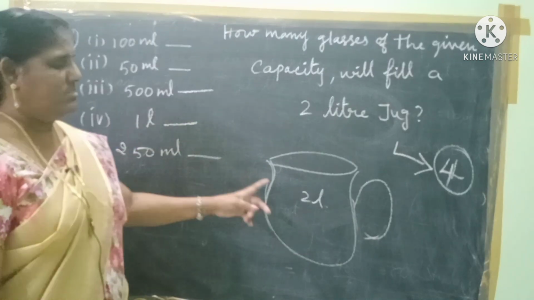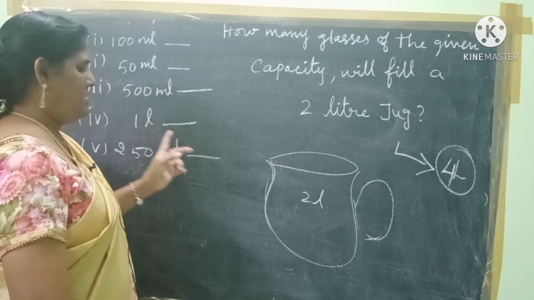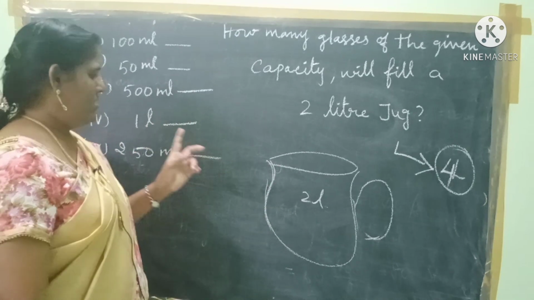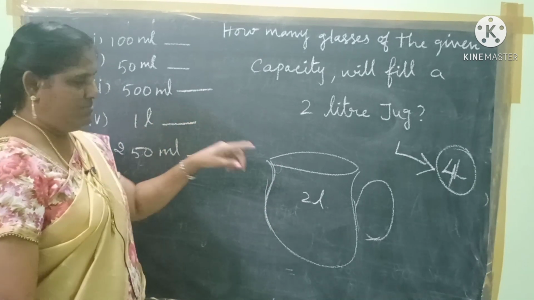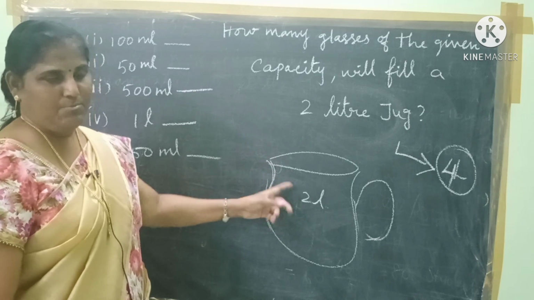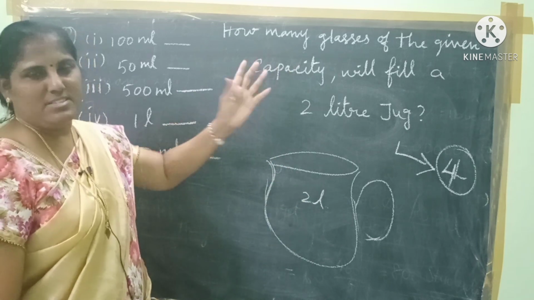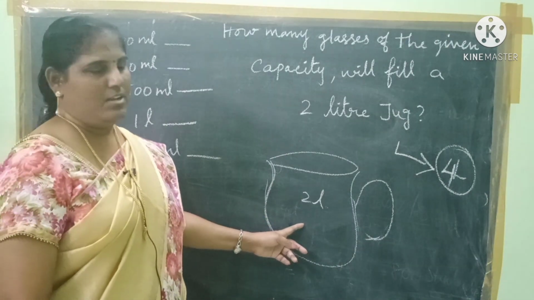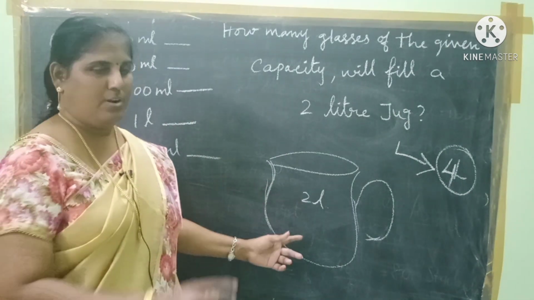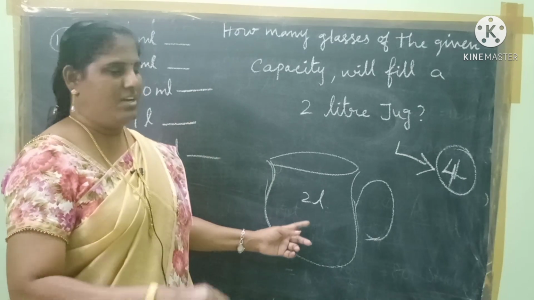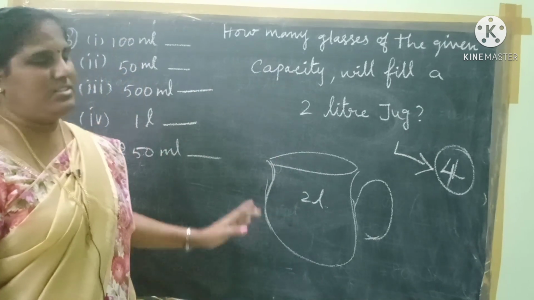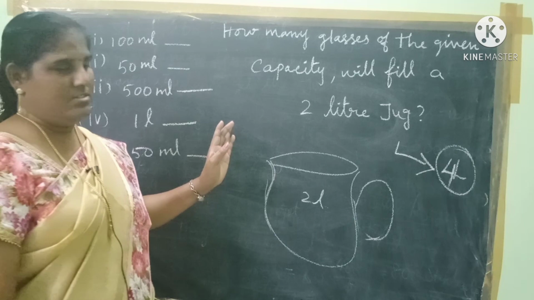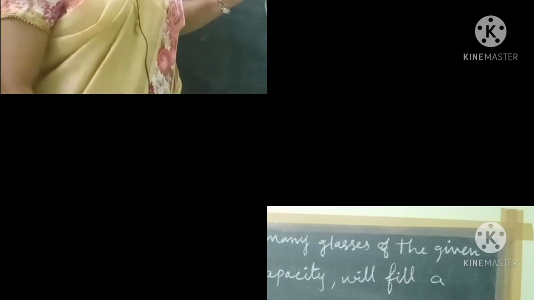For liter to liter, 1 liter means how many times will we pour it? 1 time, 2 times. So we need 2 glasses. So for 250 ml, as usual, ml into liter, set the rule, divide it and find the glasses. Okay, this is the 4th sum. This is a homework sum.